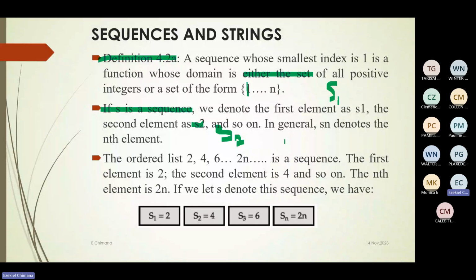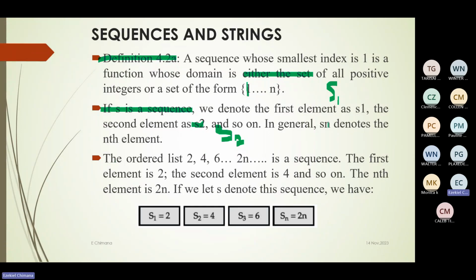So you can have S1, S2, S3 up to Sn, where S1 refers to the first element in your sequence. In general, Sn denotes the nth element.